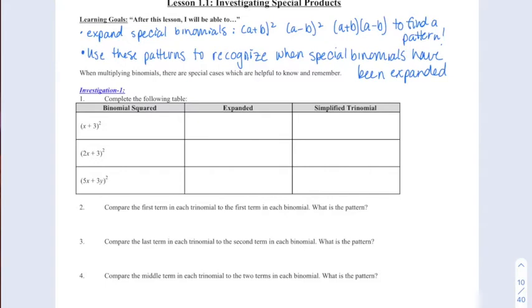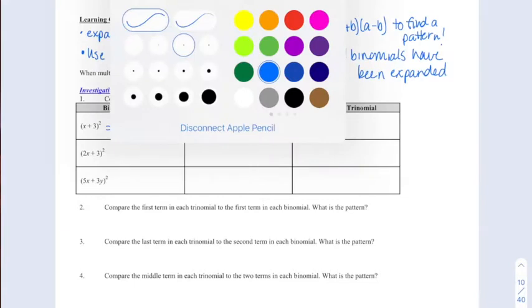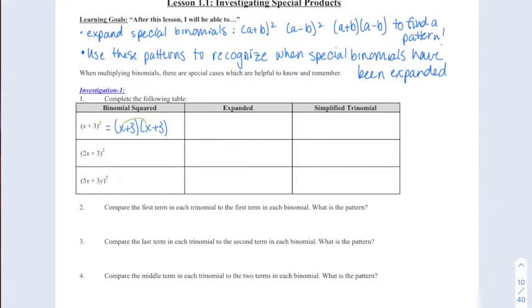It's an investigation. So what we want to do is complete the following table. And the way we're going to do this is by taking the binomials that were given and expanding them. As you know, when we expand, we use the distributive property. So our expanded trinomial is going to look like this.